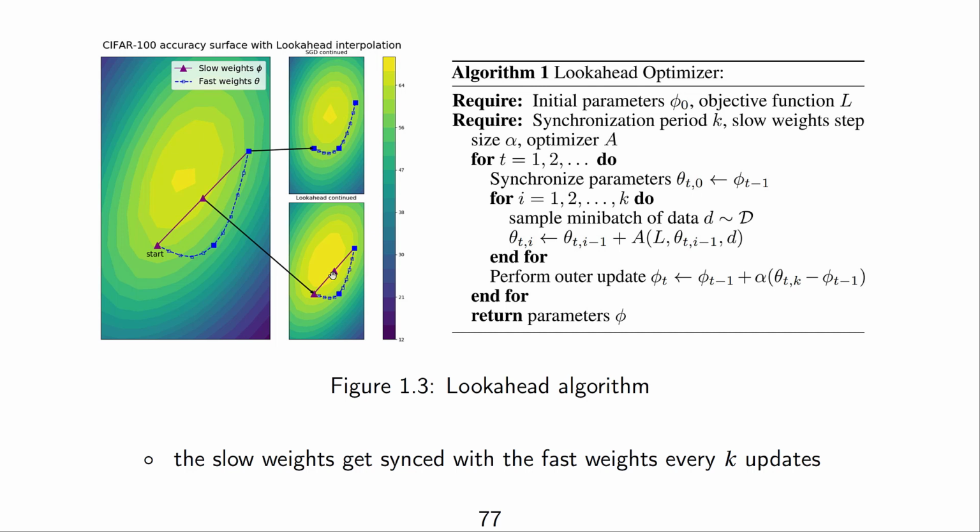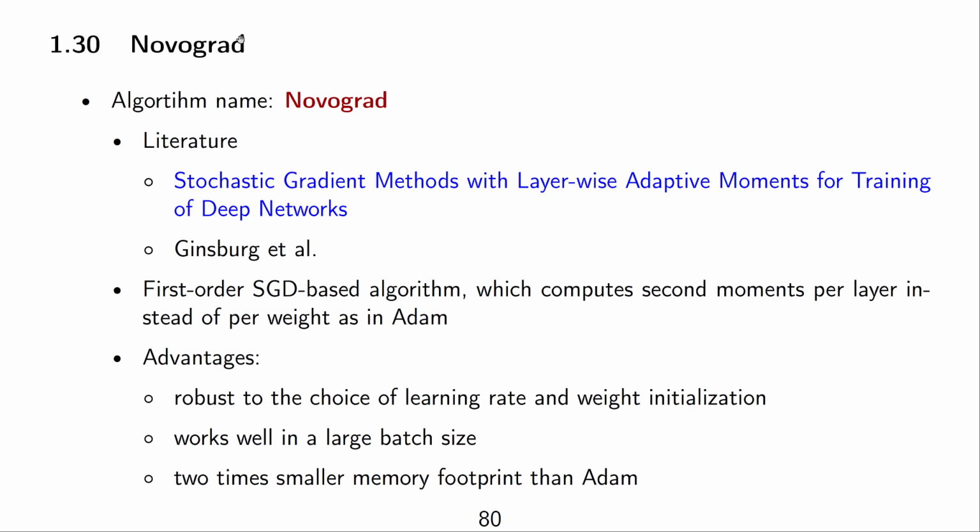This algorithm can be used with almost any optimizer. So, for example, some people recommended to use Lookahead in combination with Rectified ADAM, and they claim that they get really good results on classification problems. Novograd is an algorithm that has the following main idea.